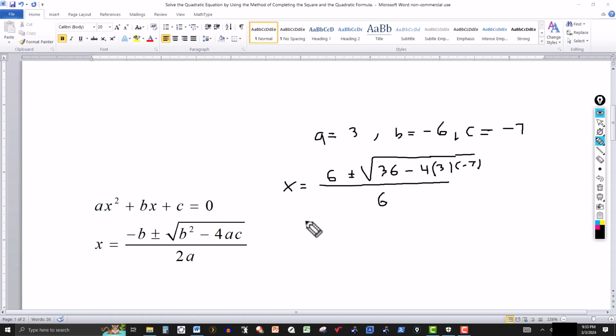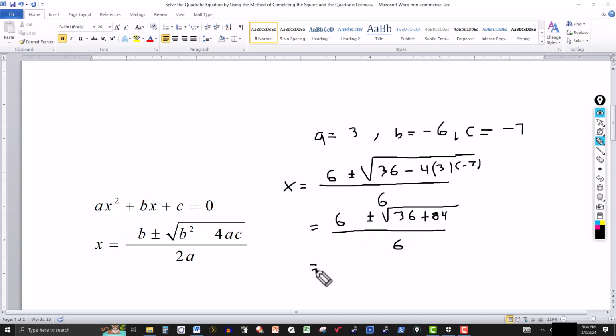So I get this. So x then is equal to 6 plus or minus the square root of 36 here. We've got minus 4 times 3 times negative 7, which is minus 12 times negative 7. That'll give us here plus 84. That's over 6.